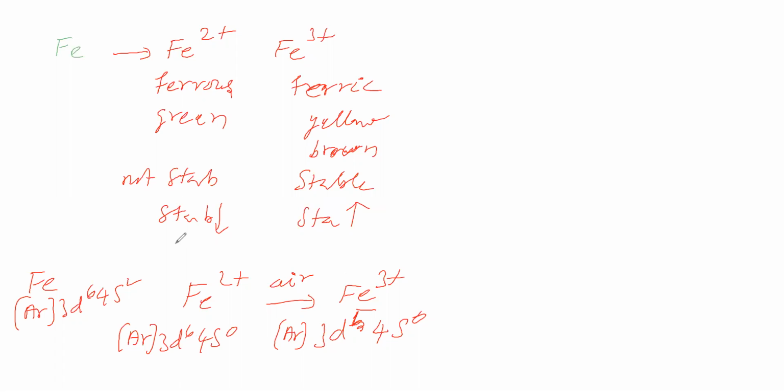Now, in a borax bead test, what color do these iron salts show? We will see. In the oxidizing flame, will iron exist in +2 or +3? What do you say?